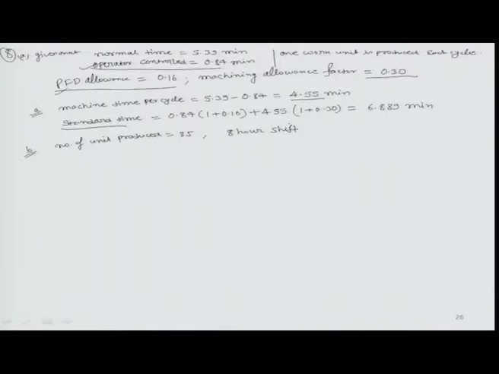First we will convert the standard time to standard hours, on an hourly basis. The total units produced are 85, and the standard time is 6.889 minutes.